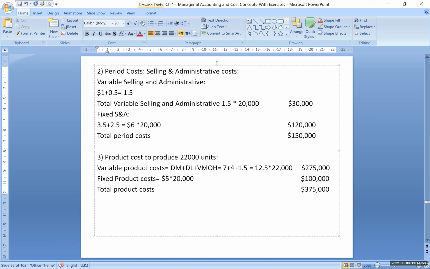The point here is the $100,000. Why? Because we are paying fixed depending on the 20,000, not the 22,000. But all variable expenses depend on the unit. So if we produce more, then we are paying more. 12.5 depending on 1 unit. But the fixed product cost or manufacturing cost depends on the 20,000 units up to a level. Okay.